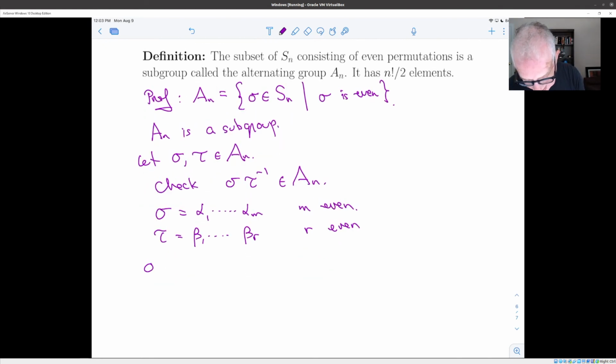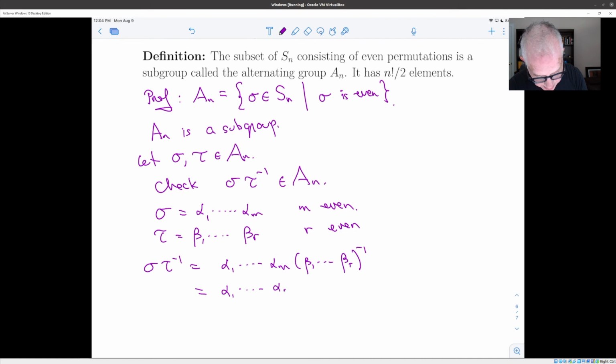And then sigma tau inverse is alpha 1 out to alpha m, beta 1 out to beta r, inverse. By the same argument that we used earlier, the inverse of this product of transpositions is just the transpositions in the opposite order.